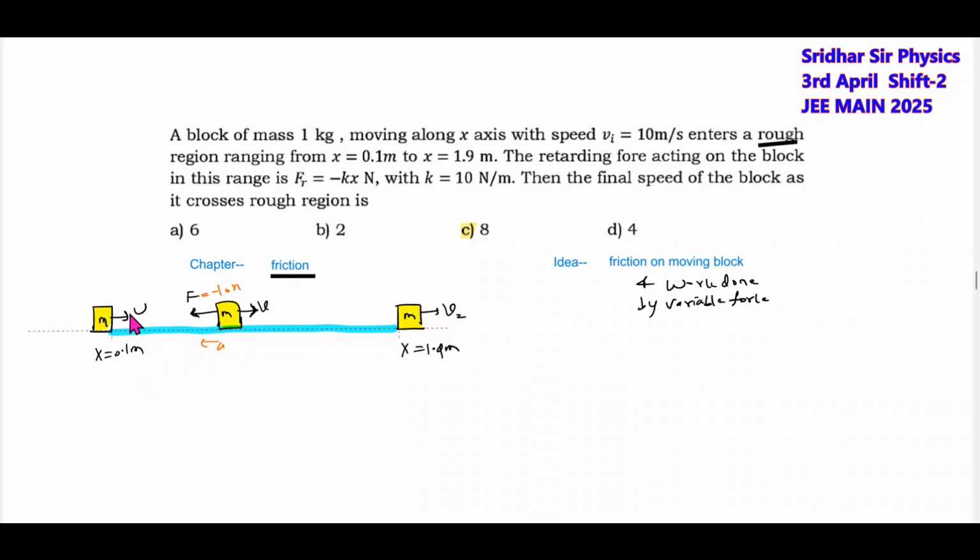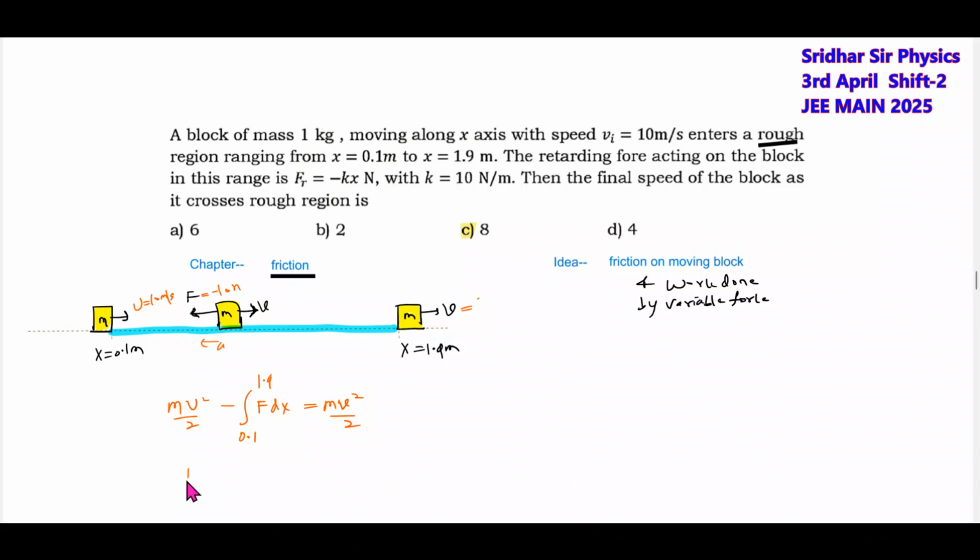Then the initial kinetic energy, with initial speed 10 meter per second. We have to calculate the final speed. So initial kinetic energy plus the integral of F dx equals the final kinetic energy, mv square by 2, with limits 0.1 to 1.9.